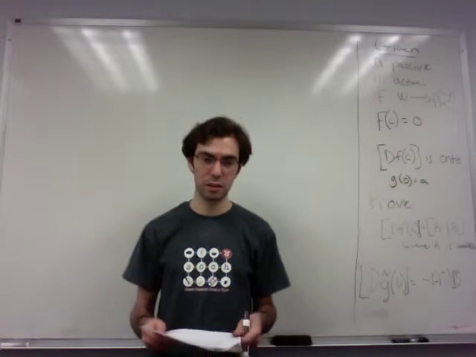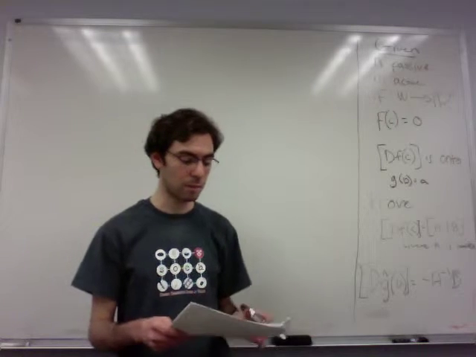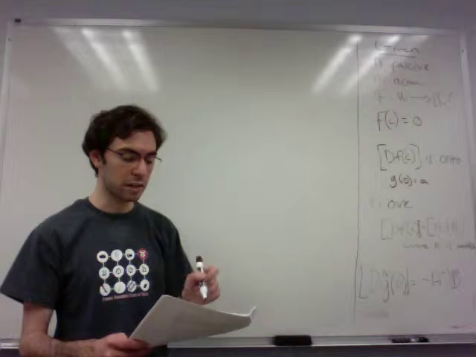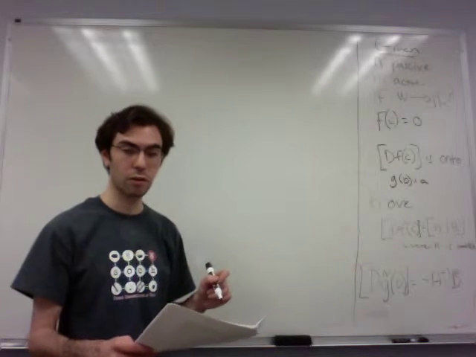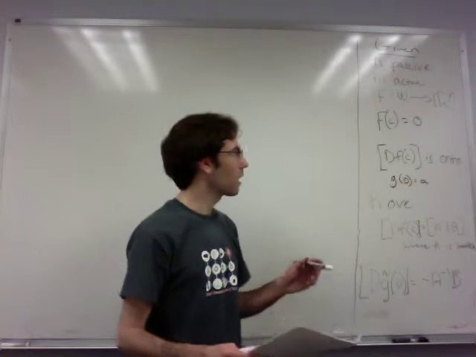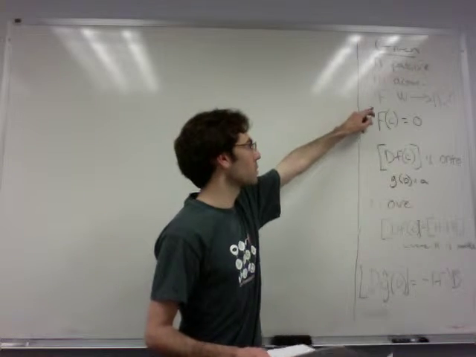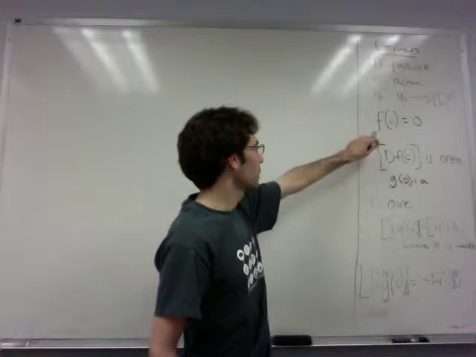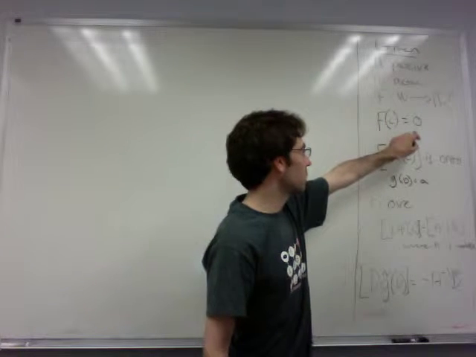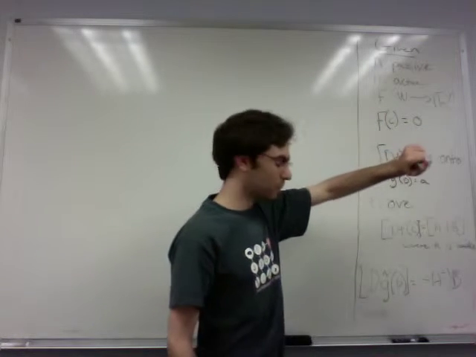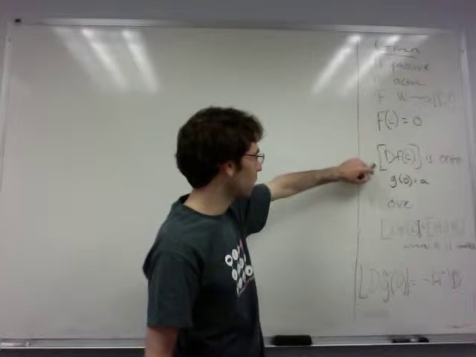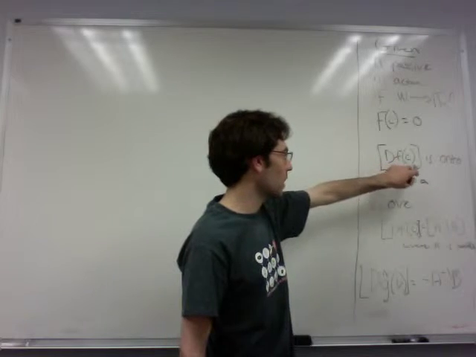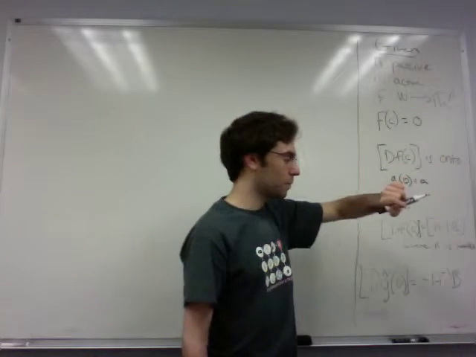First I'm going to read the question to you. To start, let W be an open subset of R^(n+m), and let f be a function that goes from W to R^n. Let f of c be constrained to be equal to 0. Furthermore, we're going to assume that the derivative of f at c is onto.